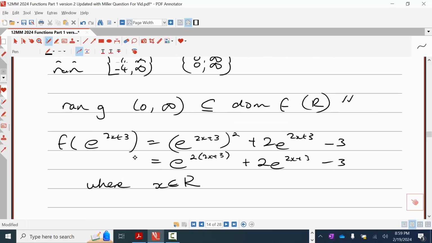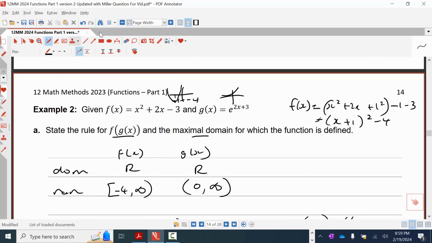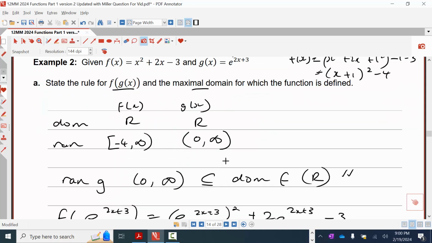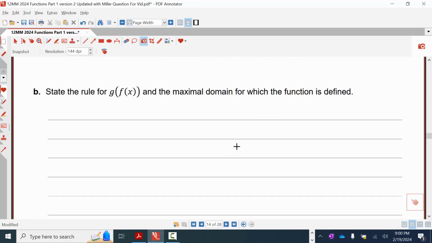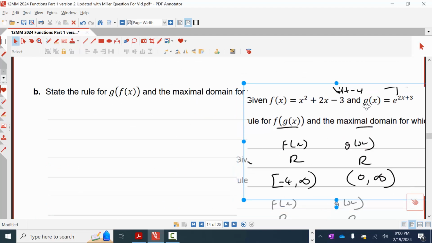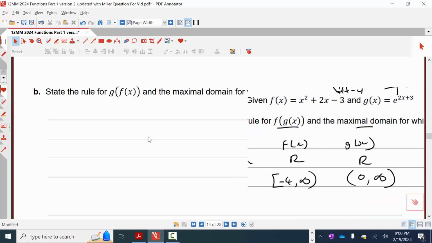All right, still going. So we're going to do the composition the other way around. Just so I don't have to scroll around too much, grab that, paste it in down here. Okay, so we want to do this composition.